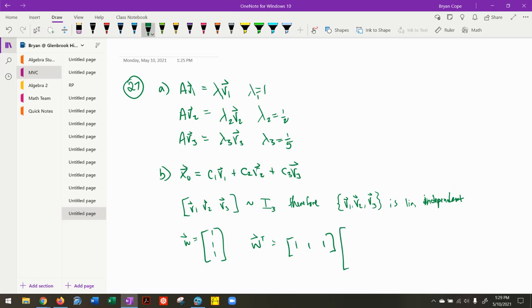So you could say alpha, beta, and 1 minus alpha minus beta. All right, so that would be W transpose times x naught. So this is a 1 by 3 times a 3 by 1. So this would be alpha plus beta plus 1 minus alpha minus beta, which gives us 1.